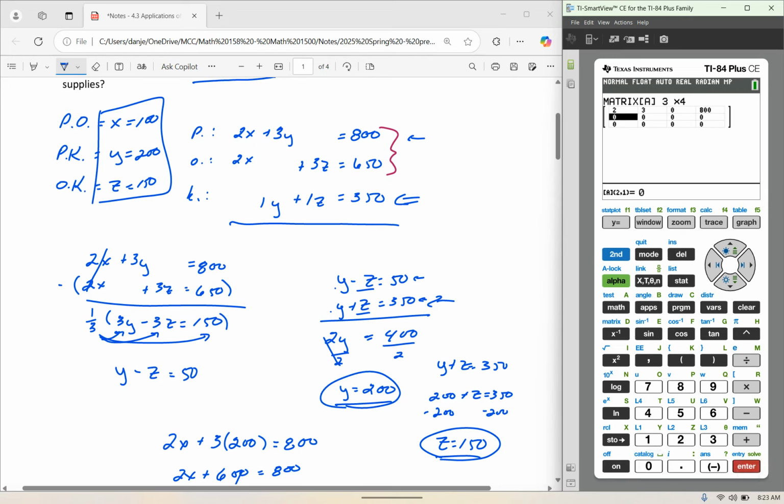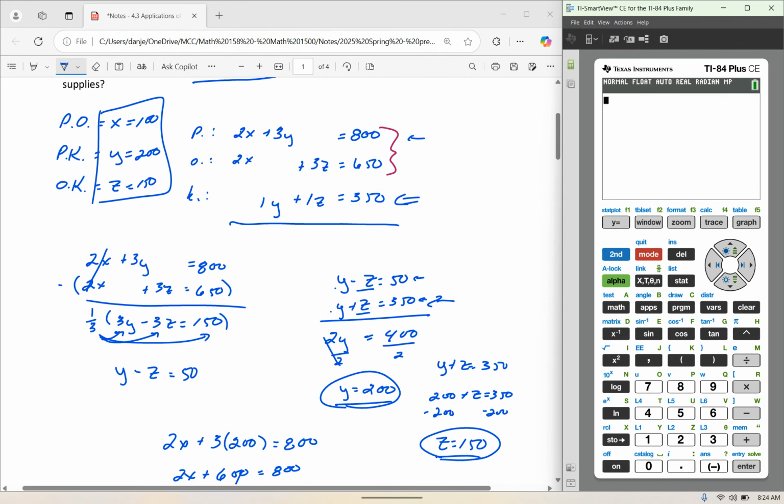So you got to remember to get the zeros in the right place. My second equation is 2x plus 0y plus 3z equals 650, and then 0x plus 1y plus 1z equals 350. Okay.